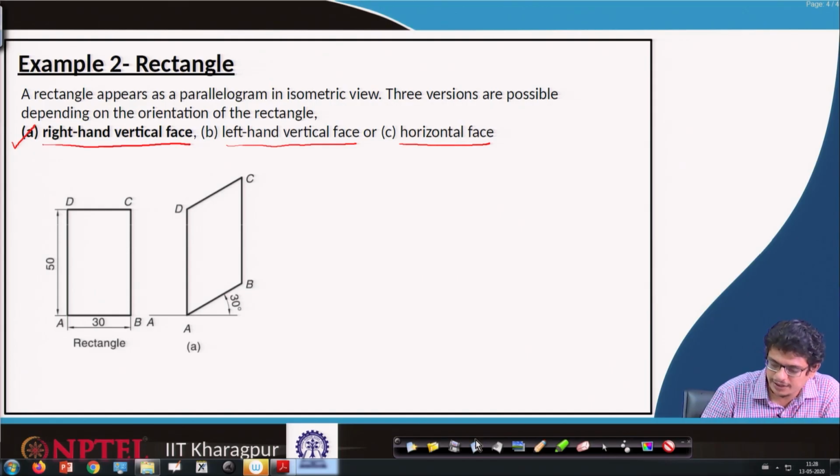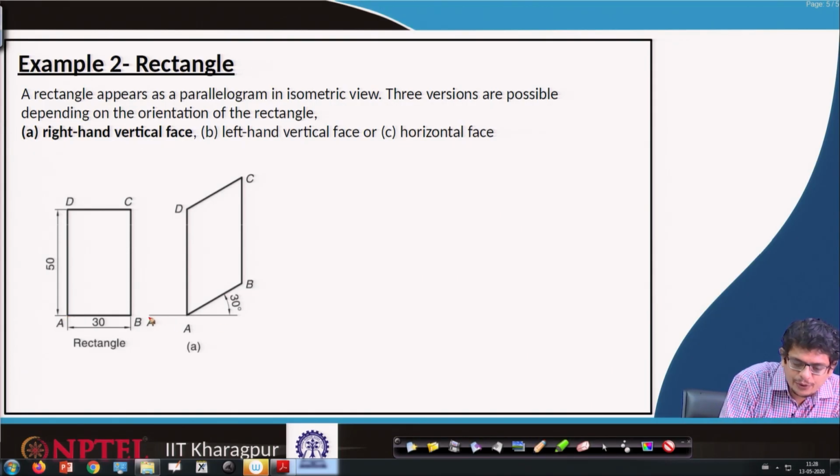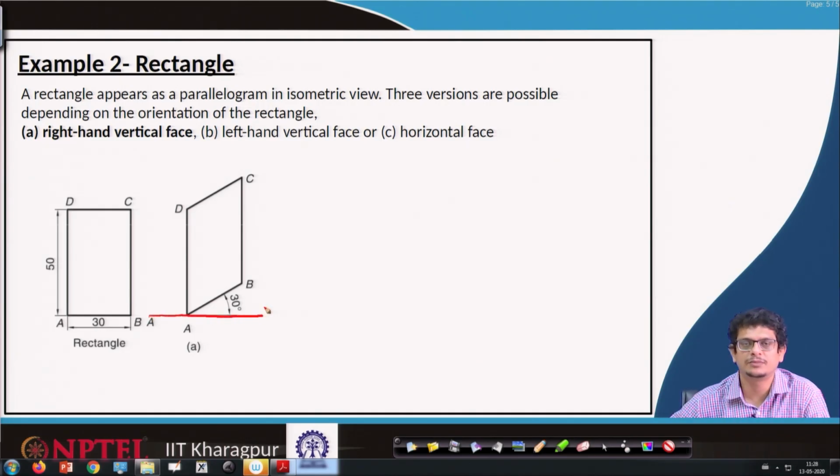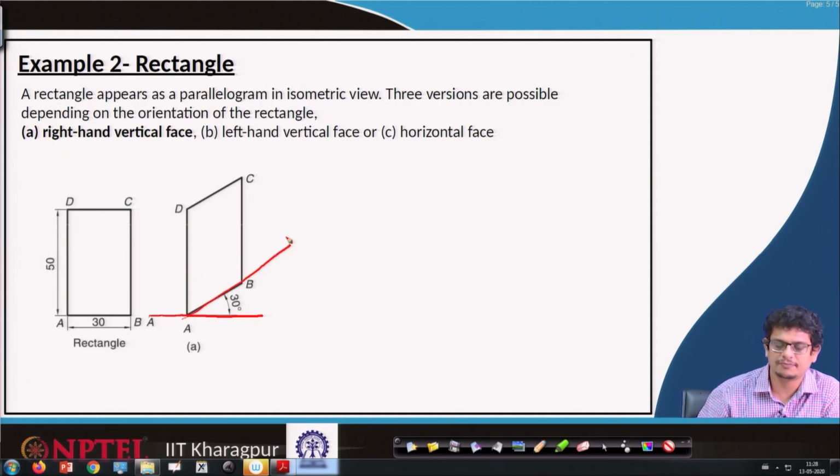So, to do that, what we have to do is first construct a horizontal line and draw a 30 degrees line, because for isometric projections the 30 degrees inclination line is very important.